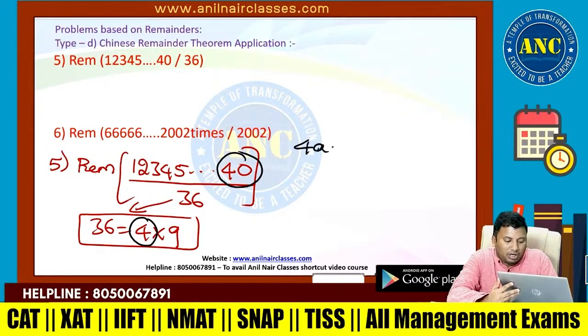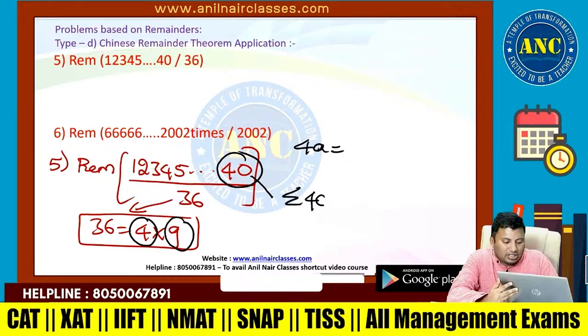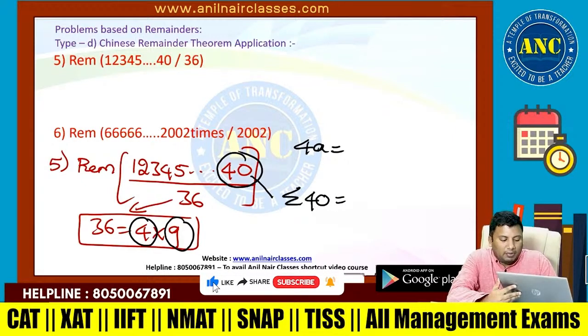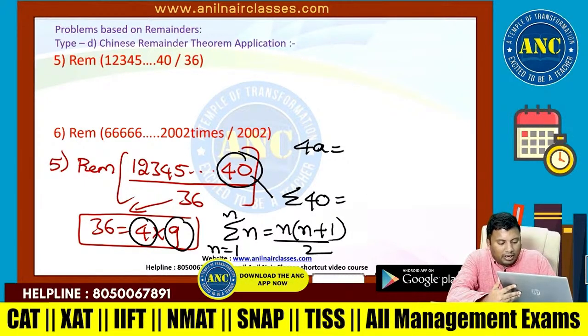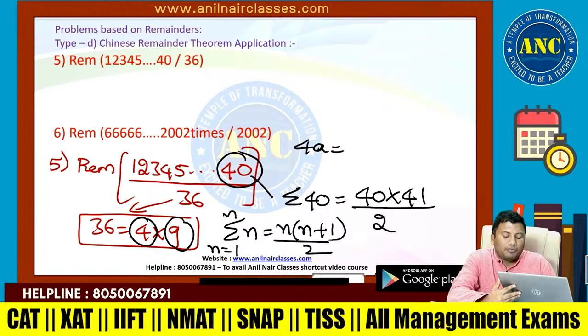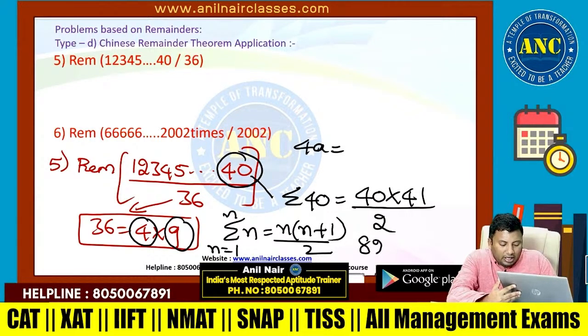One is of the form 4a. 9 is the sum of the digits. The sum of the digits is summation 40. Summation n from 1 to n is n into n plus 1 by 2, so 40 into 41 by 2 is 820. The digital sum of 820 is 1.